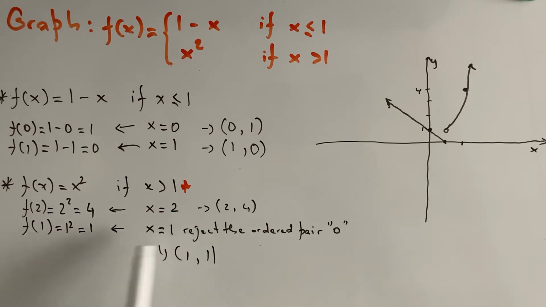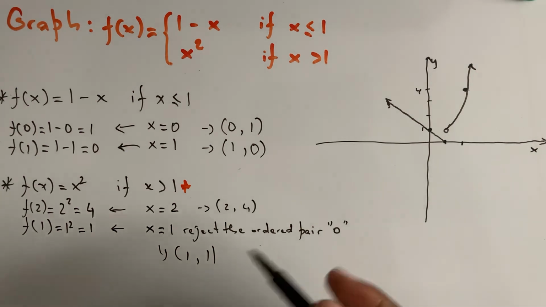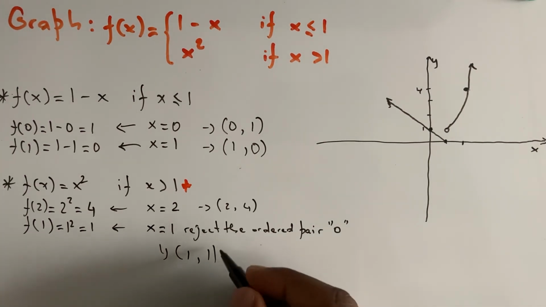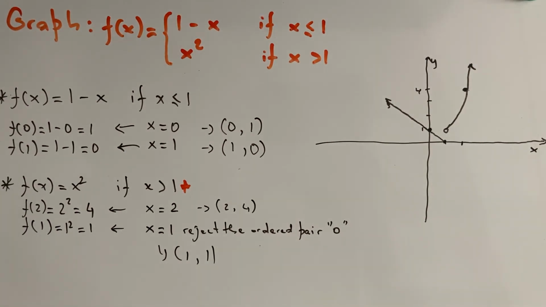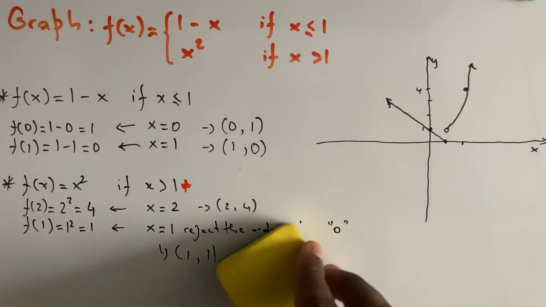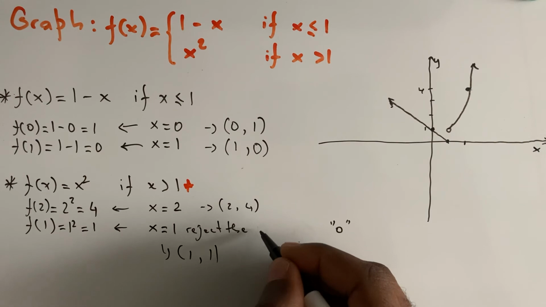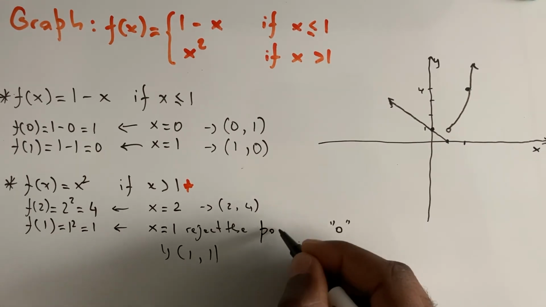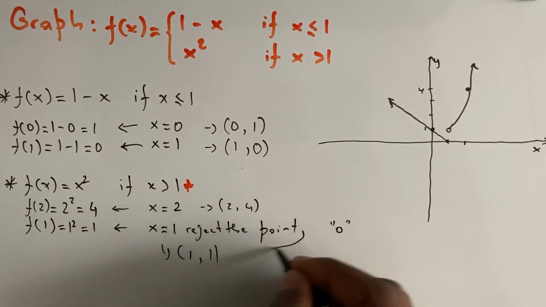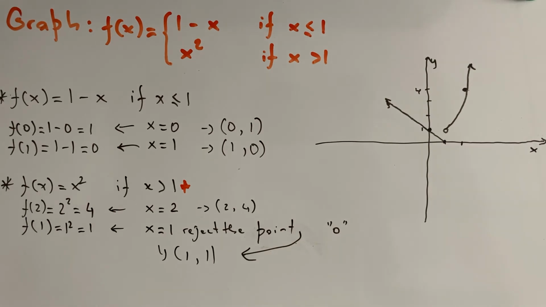We're rejecting the point here, this point right here. Okay, now by ordered pairs, that's what I mean. So you could just say reject the point if that's better for you to understand. Okay, so you reject the point here.